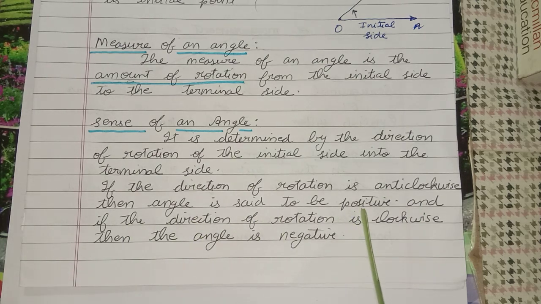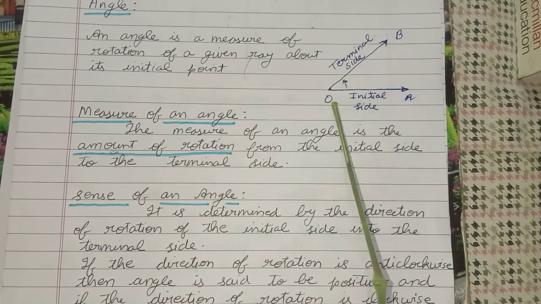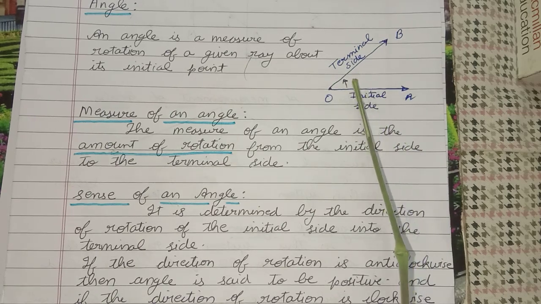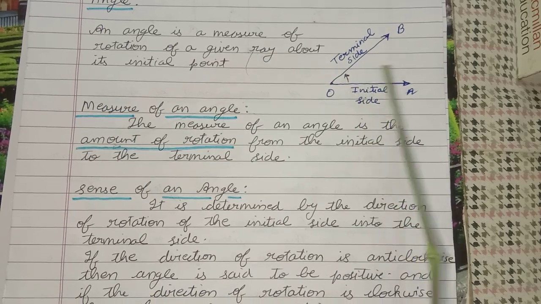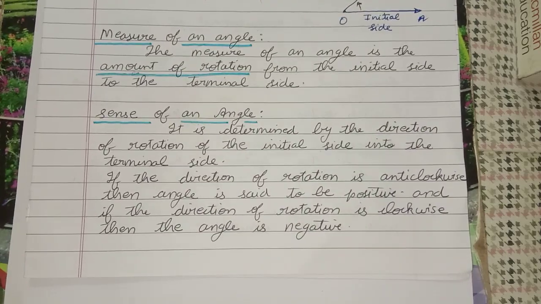You need to understand this properly. A bit important thing to be noted: if this ray OA, the initial ray, is rotating anti-clockwise, then this angle is positive. And if this ray is rotating clockwise, again I'll put a pen over here.